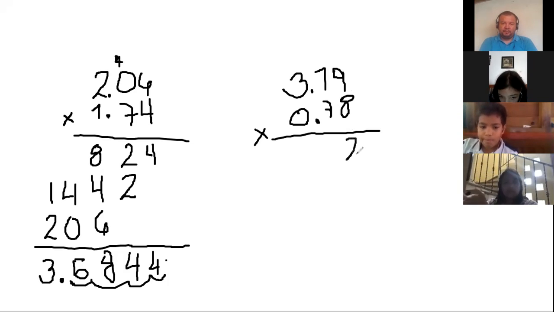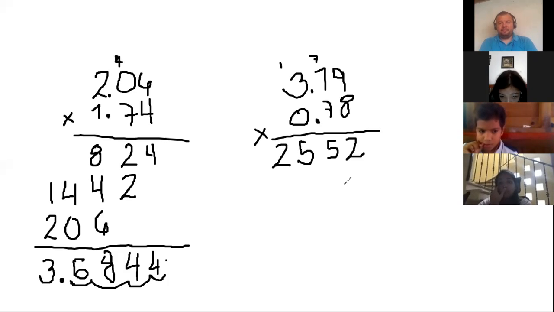8 times 9 is 72. 8 times 1 is 8, plus 7, 15. Get 1. 8 times 3, 24, plus 1, 25. Multiply the 7. 7 times 9, it's 63.